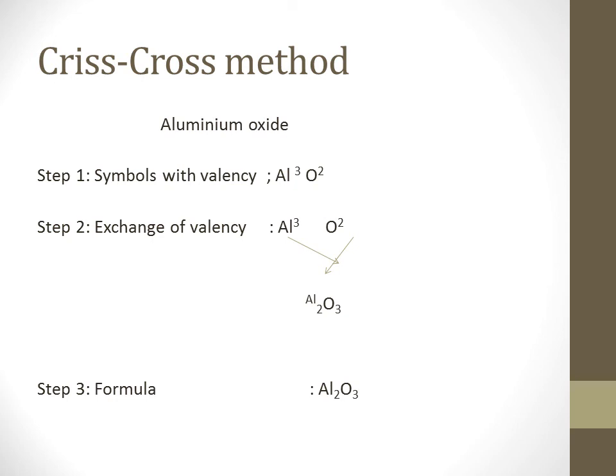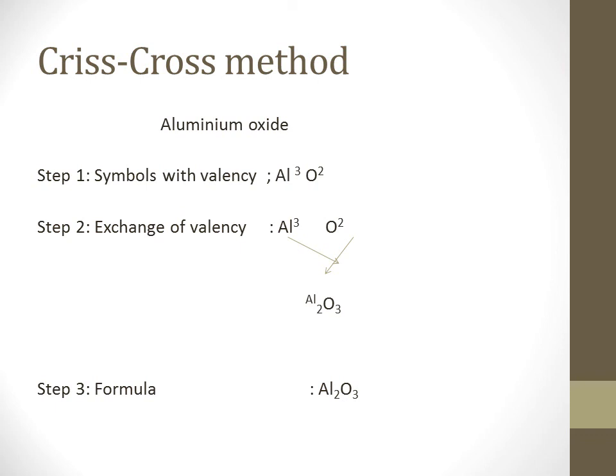Al2O3. In the second step itself, we are exchanging the valency, and after exchanging, the valency is written as subscript. If we have the same valency, for example Al2O2, we can cancel these 2s and it becomes AlO.